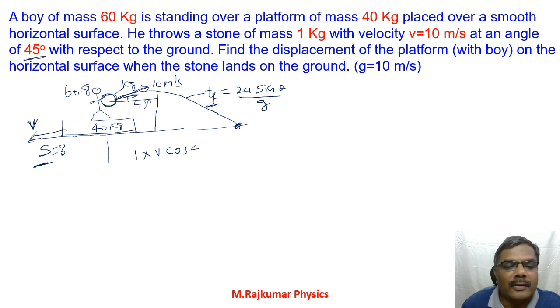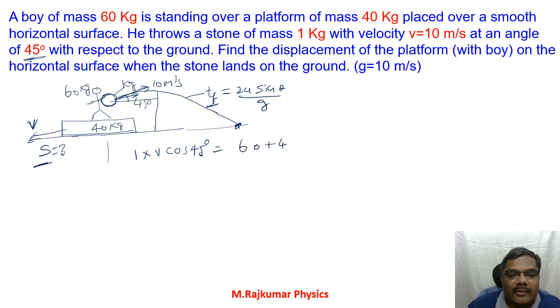So v cos 45 degrees will be equal to the change in momentum of the platform with the boy, that is (60 plus 40) into v. This v is also given in the problem.